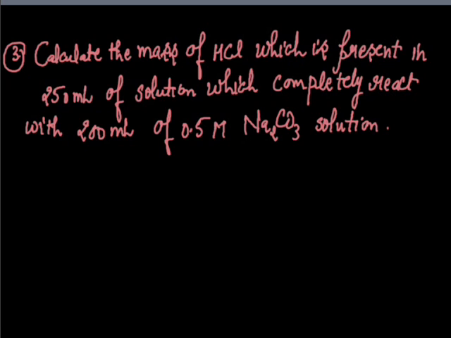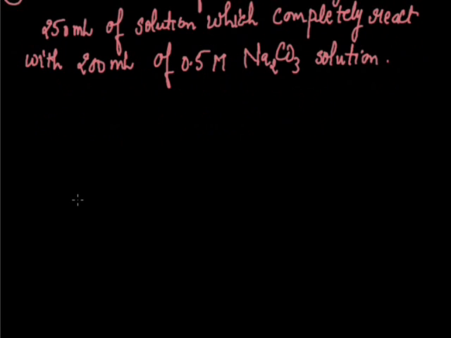So what we have to do in this question, we have to calculate the weight of HCl which is present in 250 ml of a solution and which completely reacts with 200 ml of 0.5 molar Na2CO3 solution.